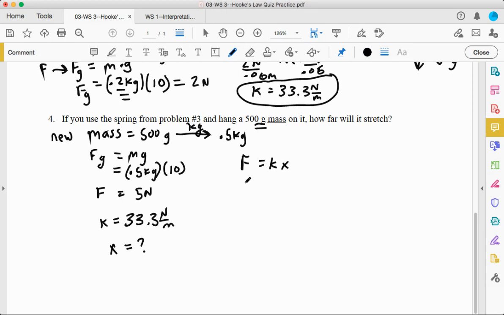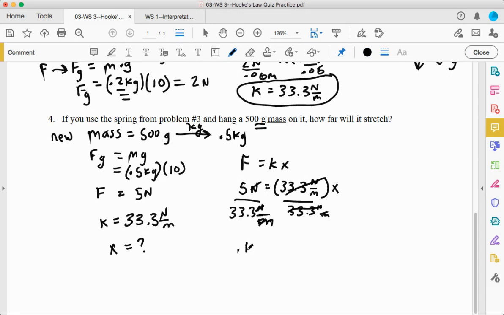Plug in our numbers: 5 newtons, K is 33.3 newtons per meter, and solve for X. If we divide both sides by 33.3 newtons per meter, it's a little trickier to understand how the units cancel, but the newtons cancel the numerator and bottom, leaving 1 over m in the denominator, and invert and multiply, and meters come out of the bottom and become just meters on our answer.